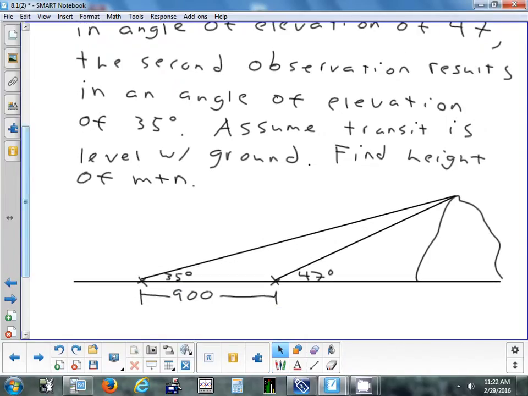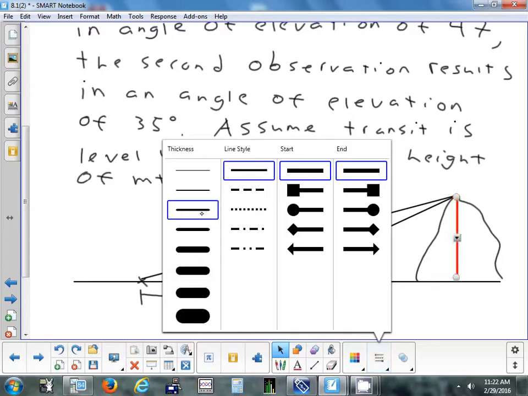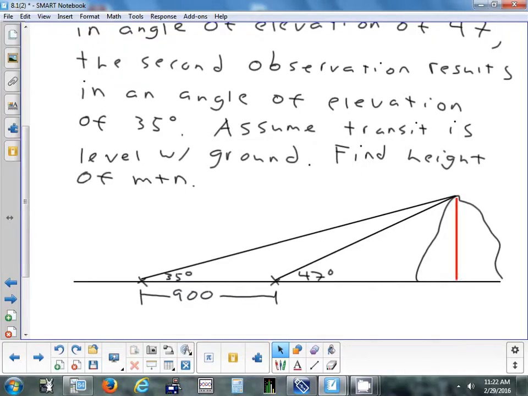Ultimately that's what I want. That line in red, that's the height of the mountain. And remember, height is always measured perpendicular, straight down from the peak.